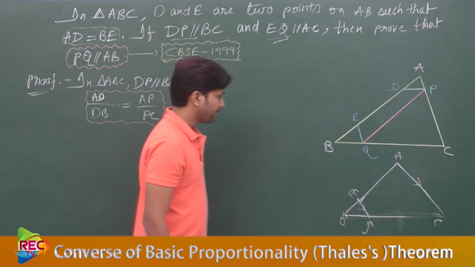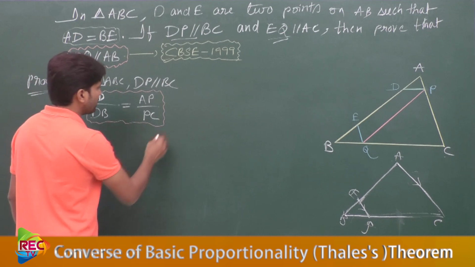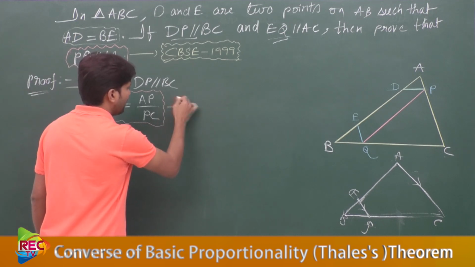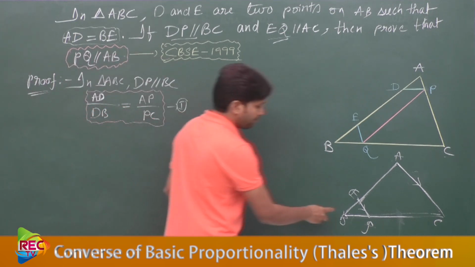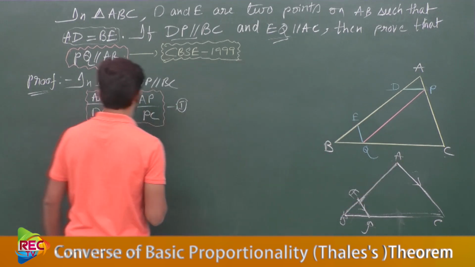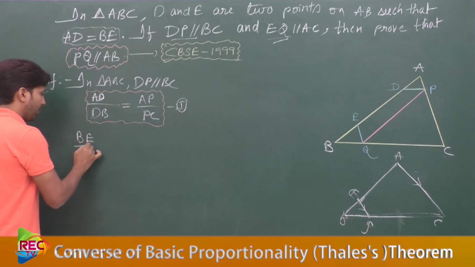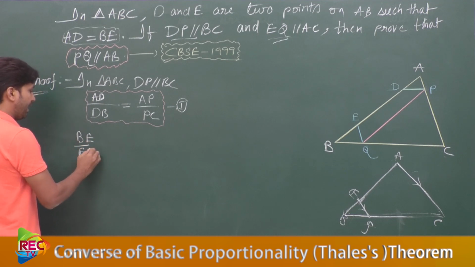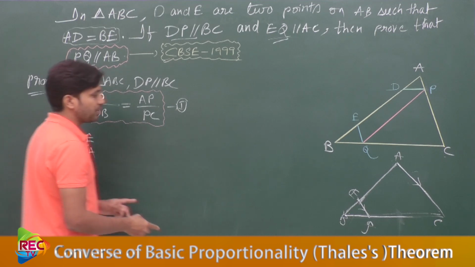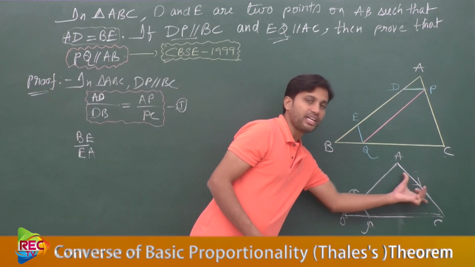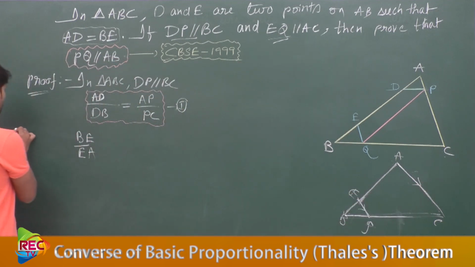Now let us apply. This is condition 1, and let us take another, BE by EA. Why are we writing this? Because it is given that EQ is parallel to AC.